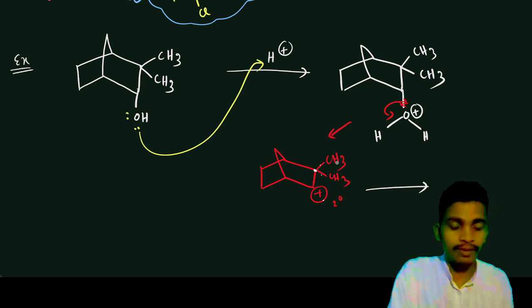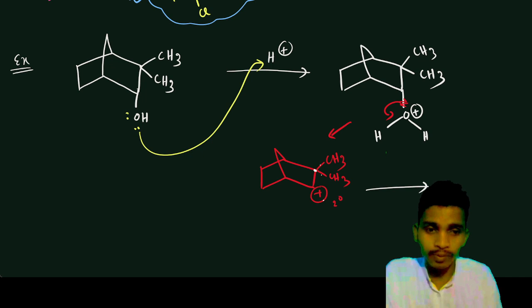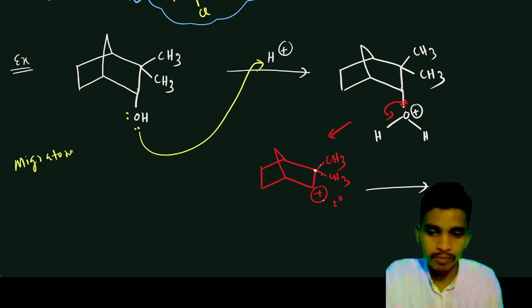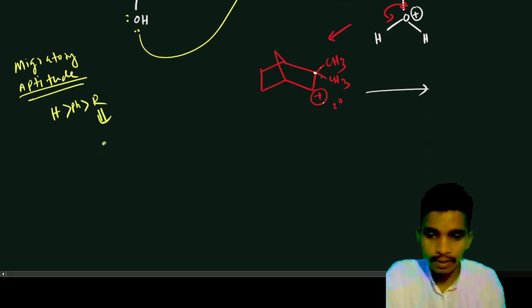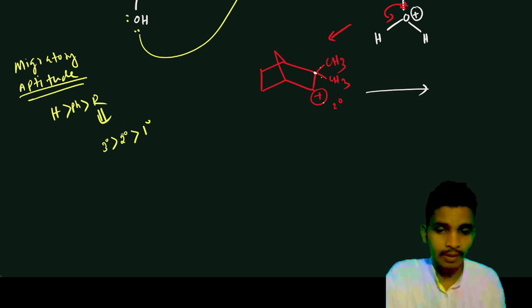Now what will happen? About migratory aptitude, here only R groups are there, so note the migratory aptitude order: first is hydrogen, then phenyl, then alkyl groups. In between the alkyl groups, 3-degree will shift first, then 2-degree, then 1-degree.